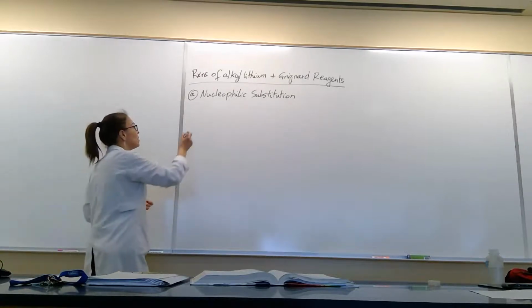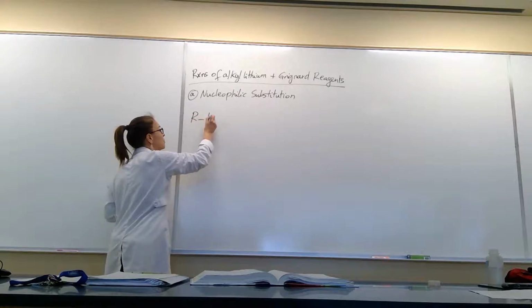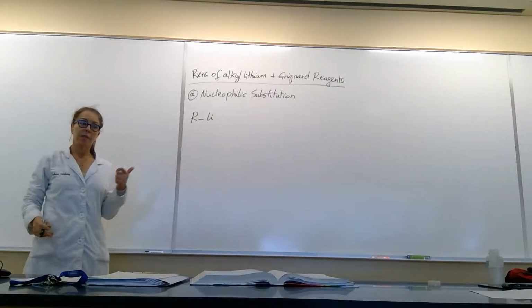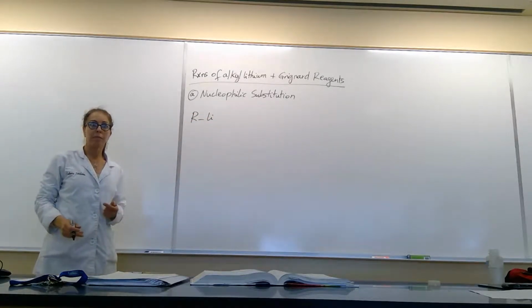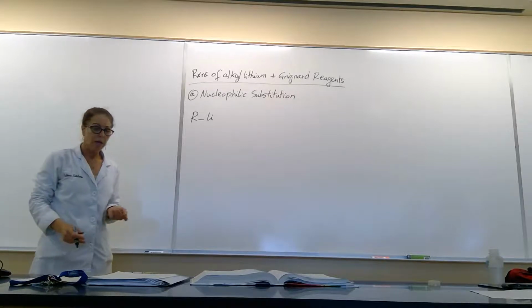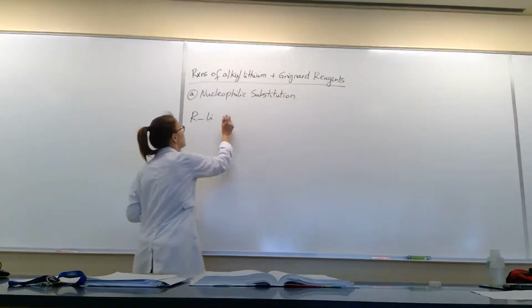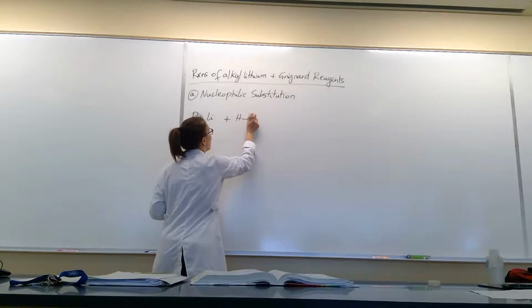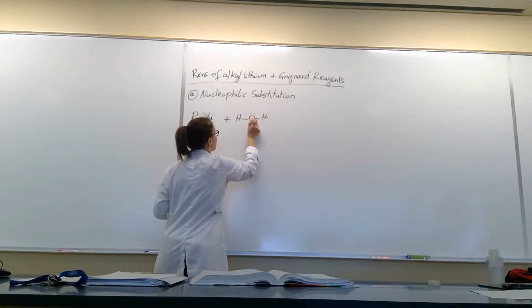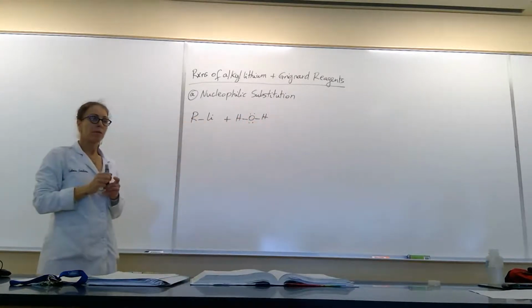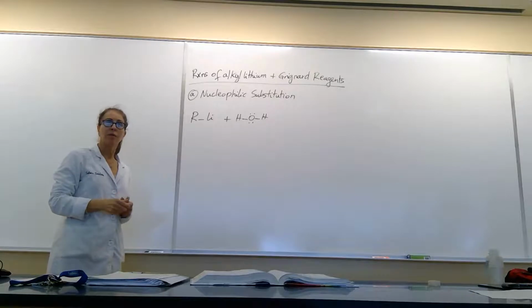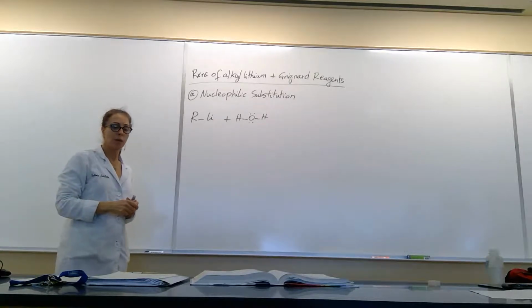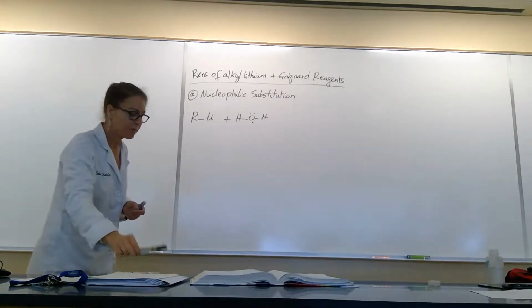So here we go. This is an alkyl lithium. It's an alkyl attached to a lithium. And if I put it in water, what happens? Which atom is the nucleophile? Which part is the electrophile?